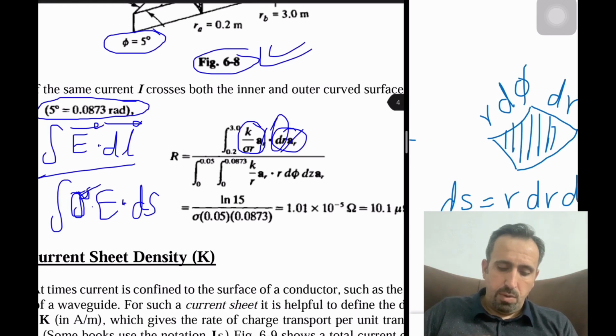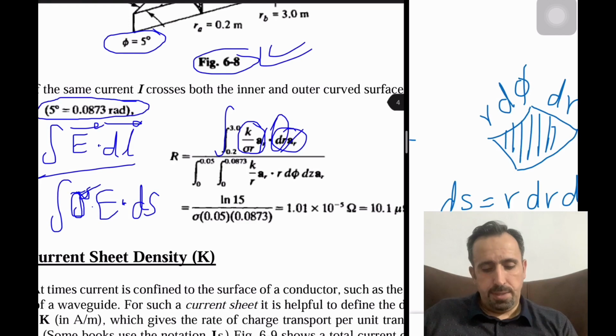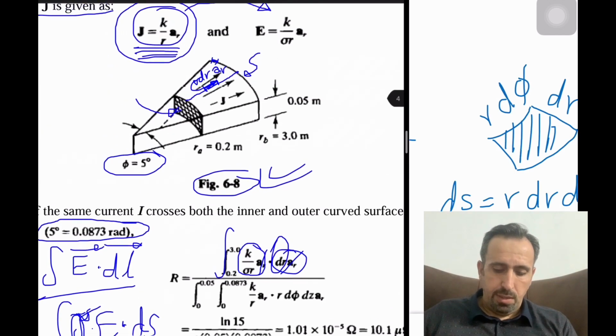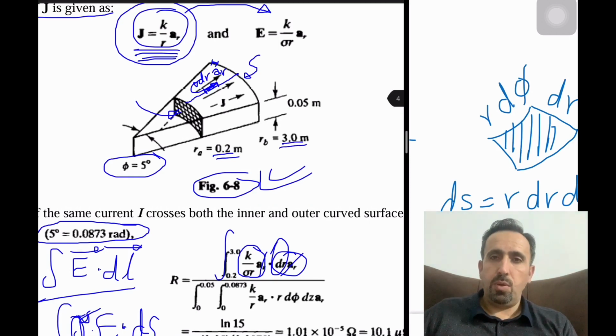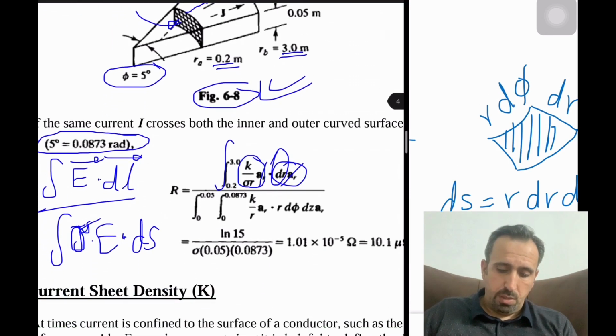For that reason, you have a single integral, just one integral with respect to r. And how much is r? R will be changing from this point to this point, from 2 to 3 meters. And this is fixed and used for the limit of integration.